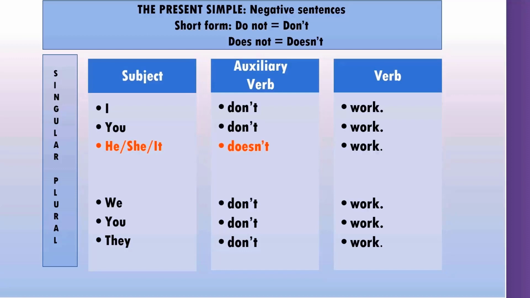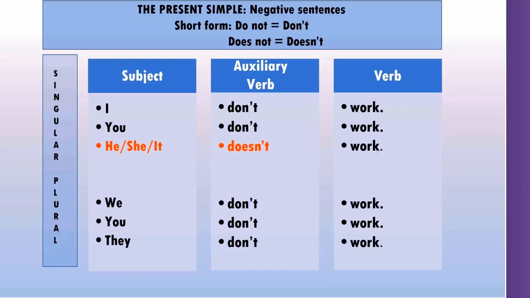But in a negative sentence, the change comes with the auxiliary verb. As you can see in red, we've got he, she, it, and then the auxiliary verb has changed from don't to doesn't. So the S rule for third person singular in present simple goes into the auxiliary verb for negative sentences.